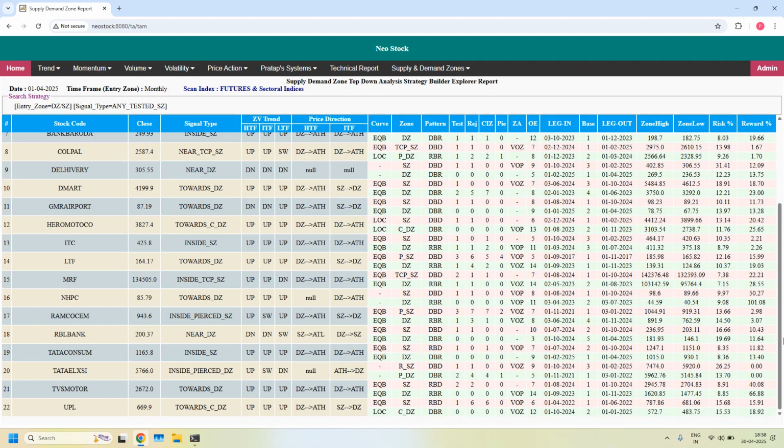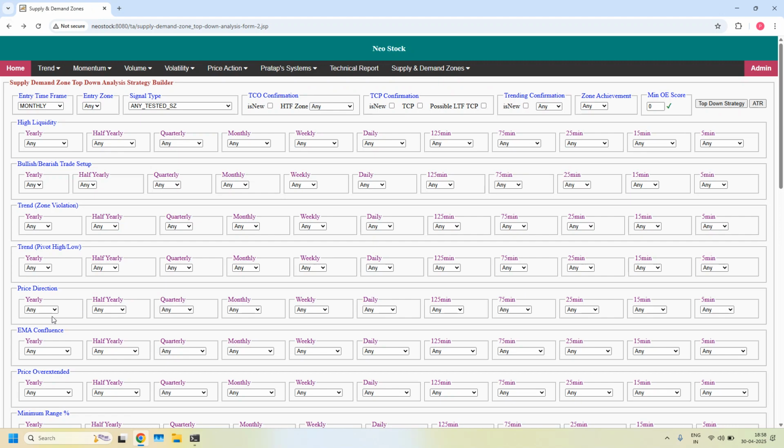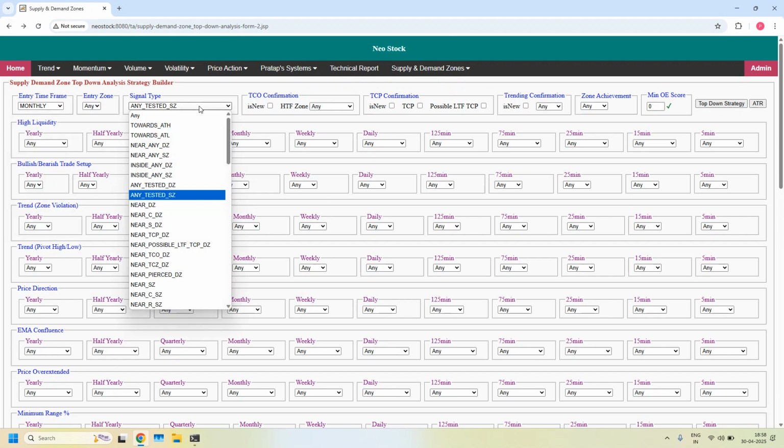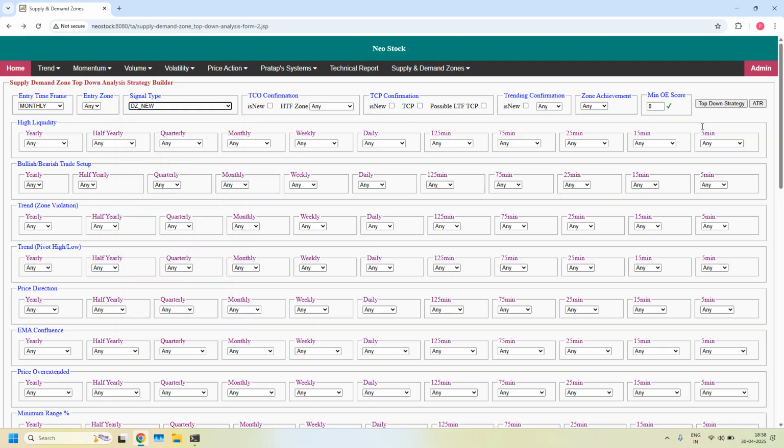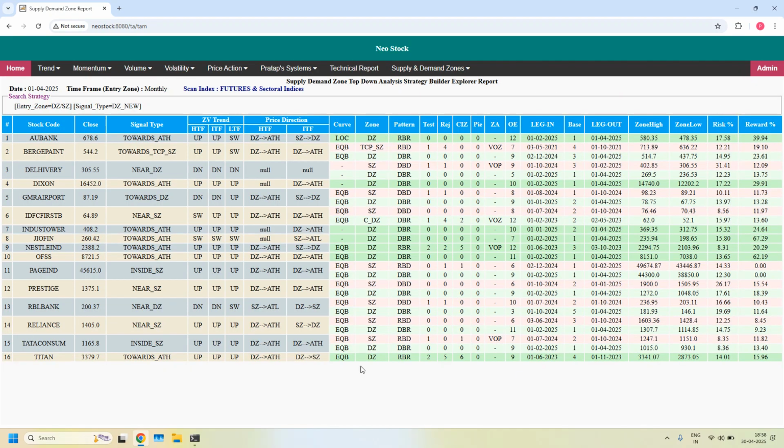Okay, next we will find the stocks having newly created monthly demand and supply zones. So monthly time frame. Let us find the stocks having newly created monthly demand zones. 16 stocks are filtered. These 16 stocks are having newly created monthly demand zones.